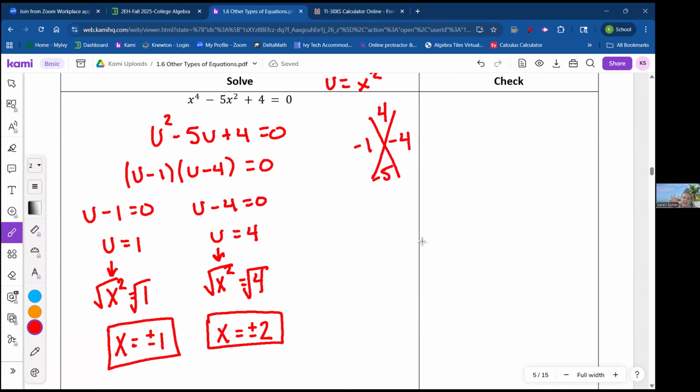What questions do you have? Can I get a couple minutes to write this down? I had to print it out.